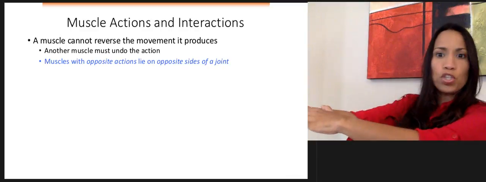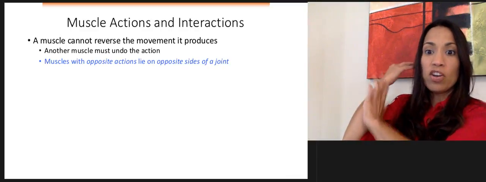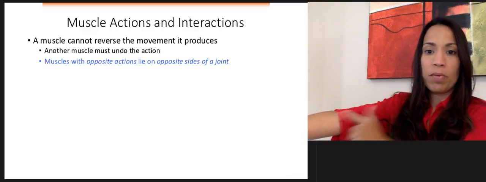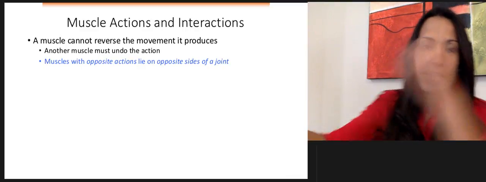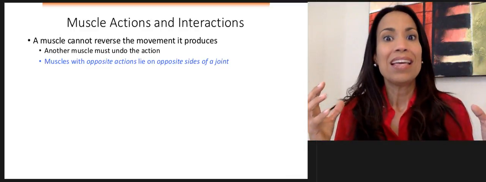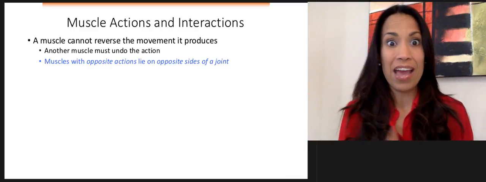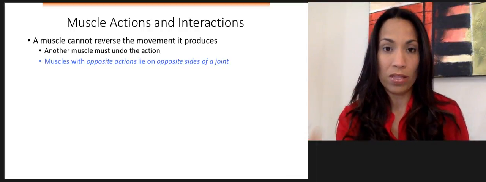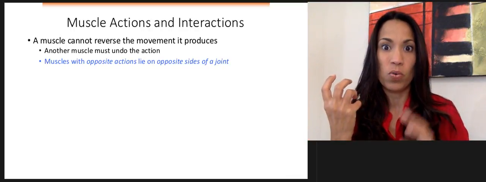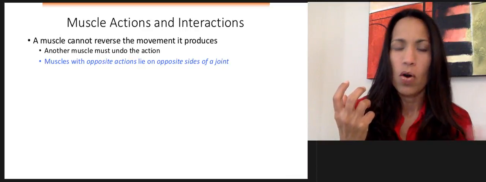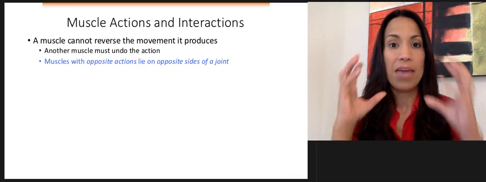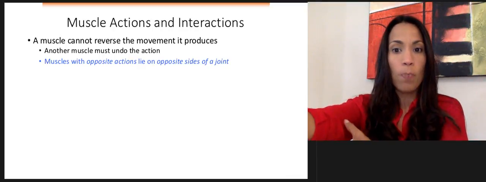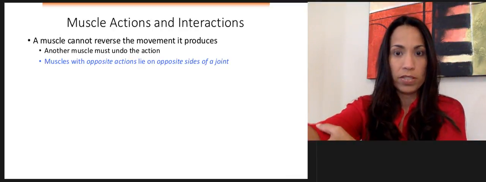But I cannot push it back. So I need another muscle to pull my forearm back into anatomical position. Okay? So for every movement, we need a pair of muscles. One produces the movement, and the other antagonizes or opposes the movement. And both of these muscles are located on opposite sides of the joint.